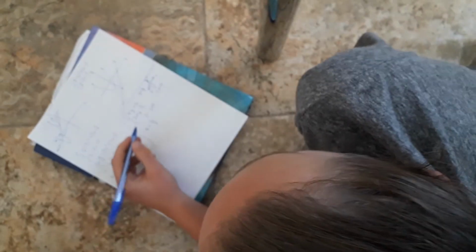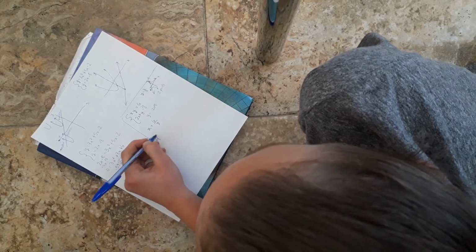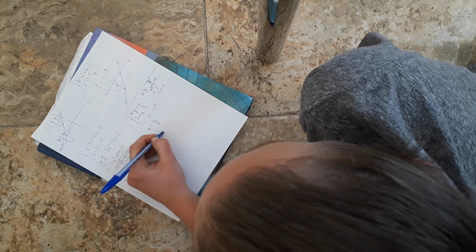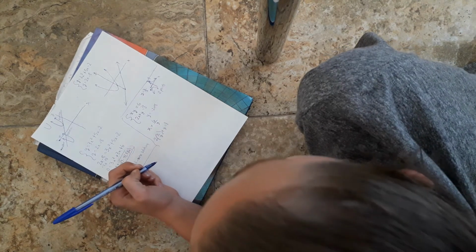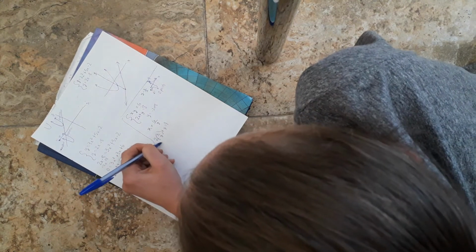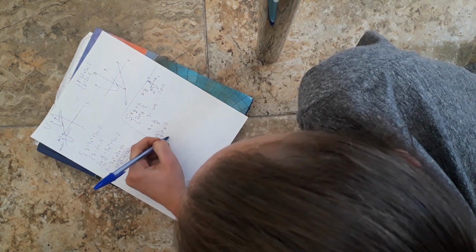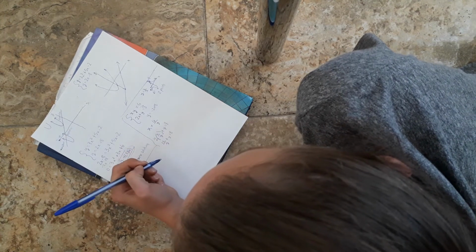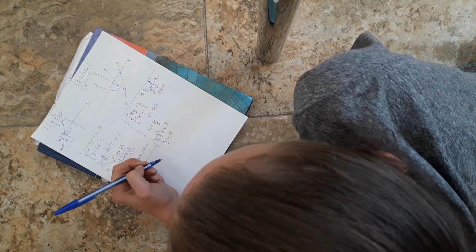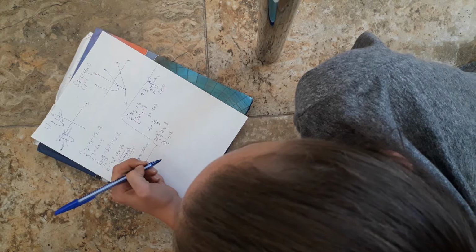Now I have x, I can plug that into my second equation: 2 times 6 over y plus y equals 8. Now I want to solve for y. So I have 12 over y plus y equals 8.